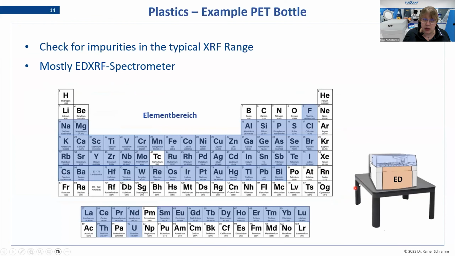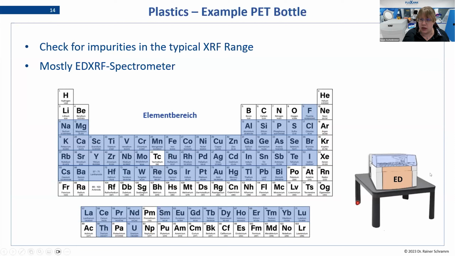How is XRF used in this special example? It's used to check for impurities in the typical XRF range. As I said before, the typical XRF range is fluorine to uranium. Mostly energy dispersive XRF spectrometers are used for this application.